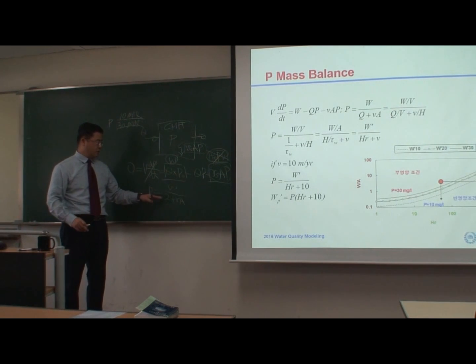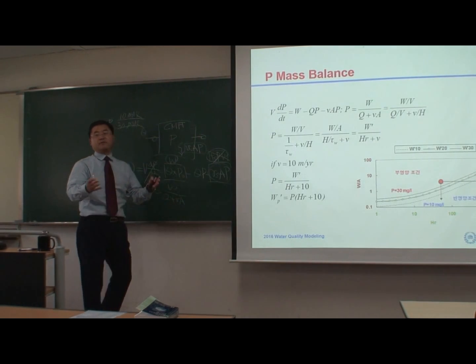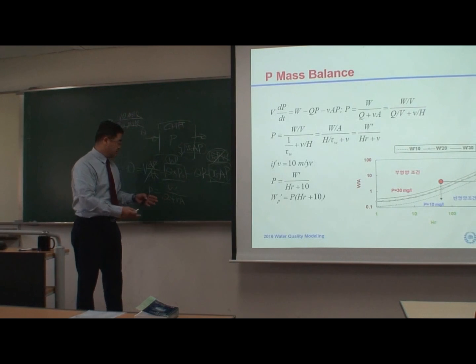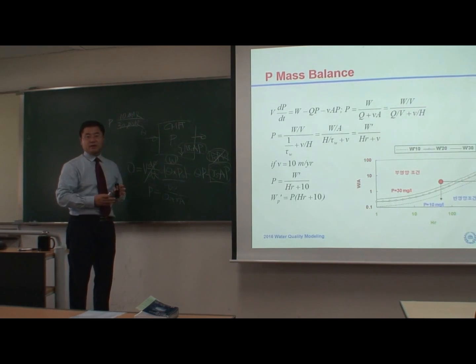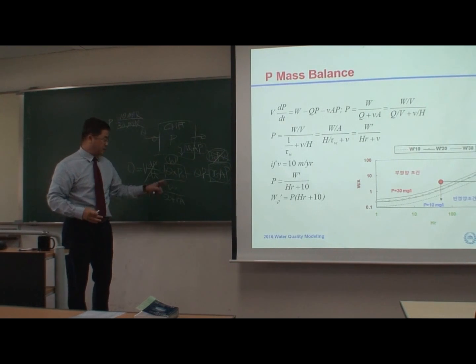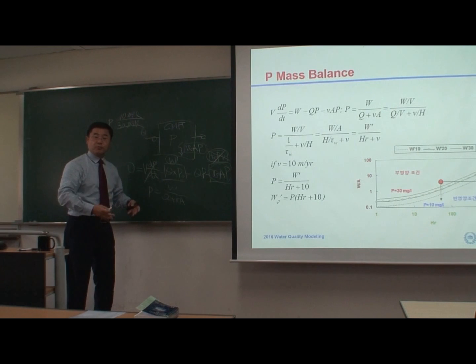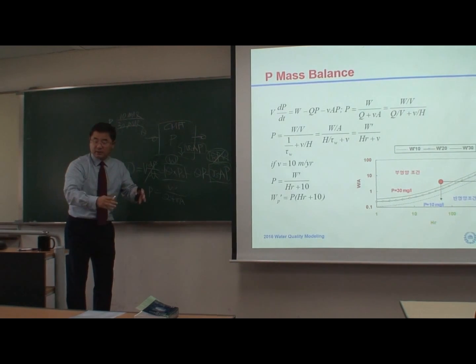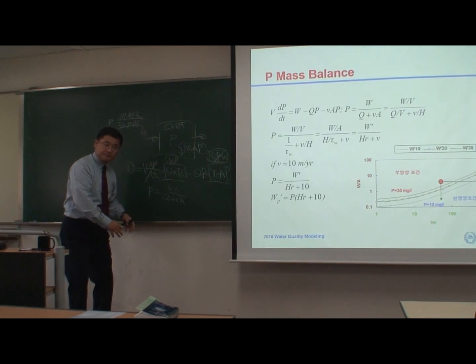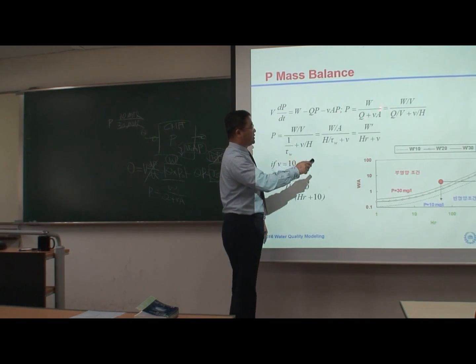So we know Q, we know A, we know V, and if those are fixed or constant, then P is going to be directly proportional to W, right? So if we have more W, then we have more P. Less W, less P. Okay? So we'll play with this equation a little bit more.